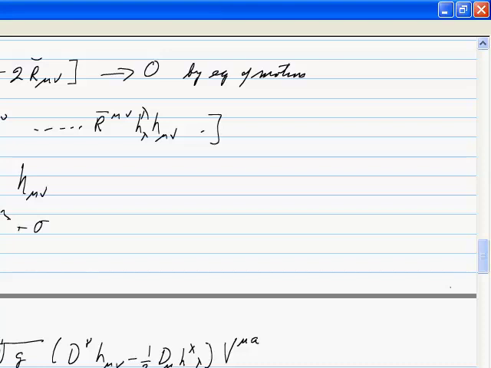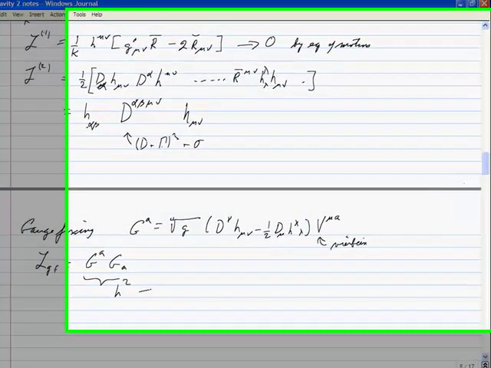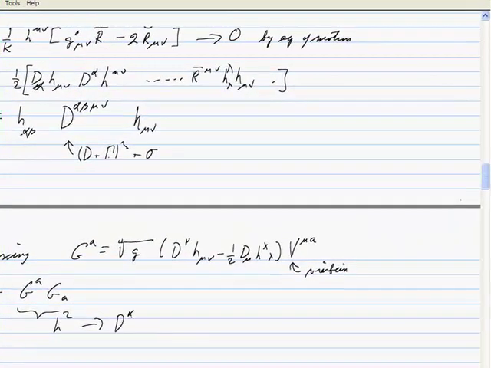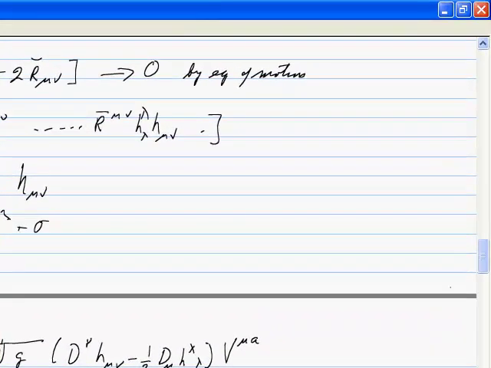So this adds into the Lagrangian, and this piece is also of order h squared, and it goes into this D alpha beta mu nu term, so it gets fed into that. So it's another piece of that in addition to the other. Then it turns out that it's invertible.